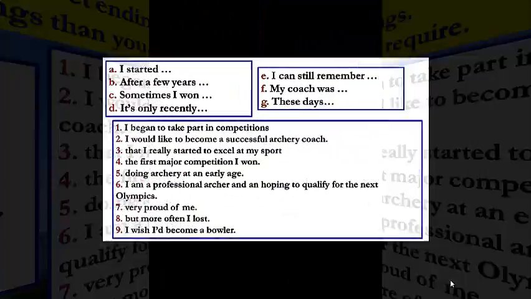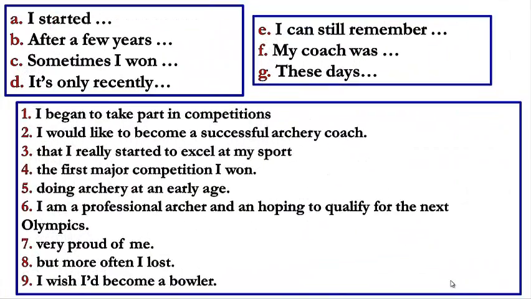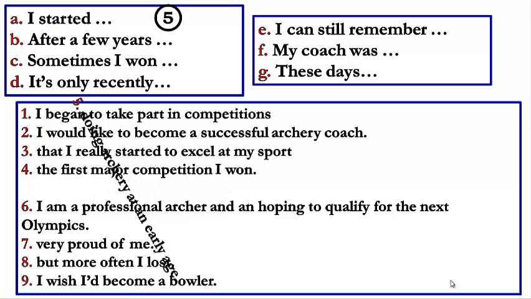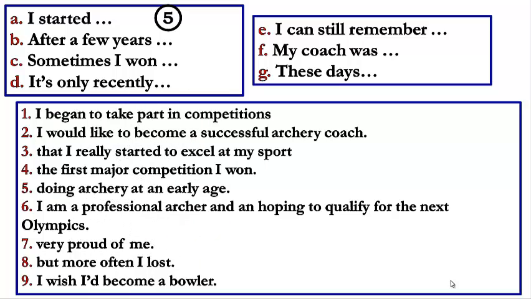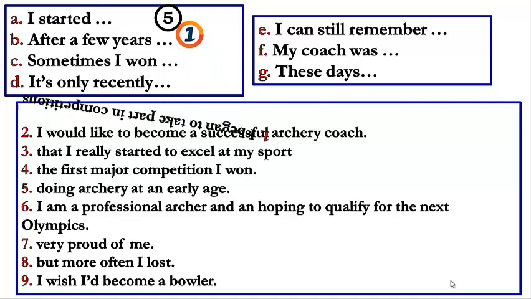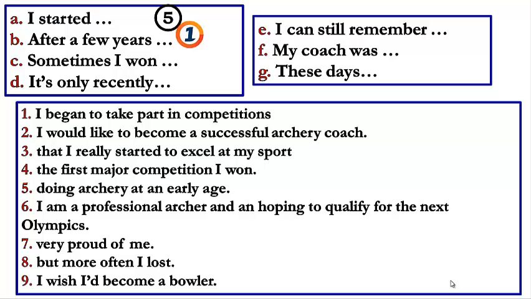Okay, let's check the answers. I started, yes, 5, doing archery at an early age. After a few years, I began to take part in competitions. Sometimes I won, but more often I lost.